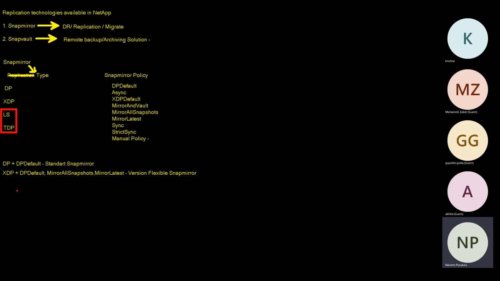Now I want to mix XDP with XDP default. Then it will become standard snap vault.